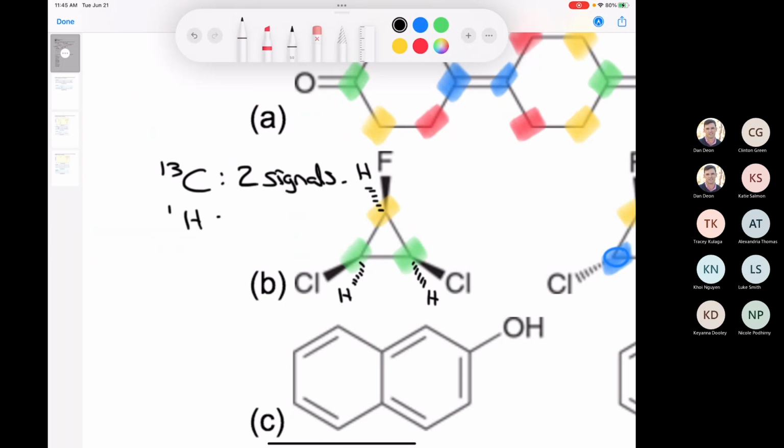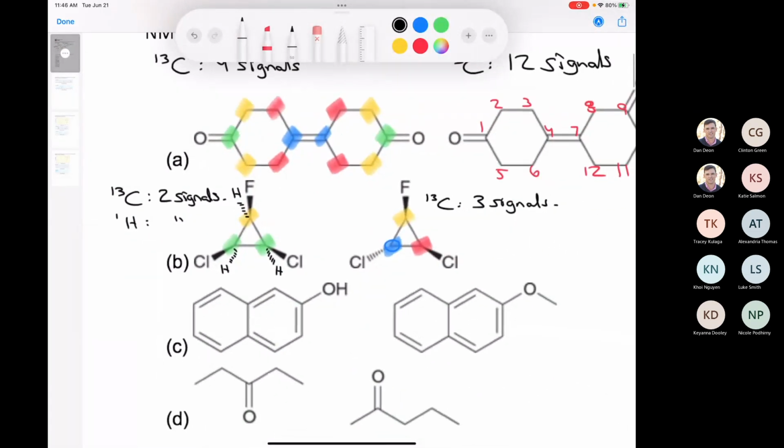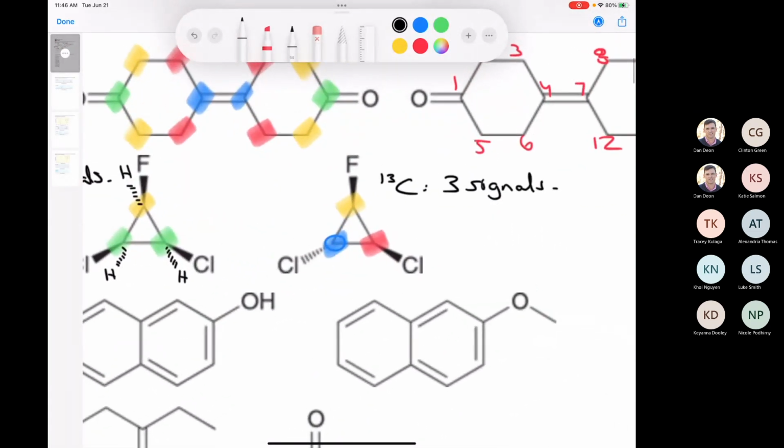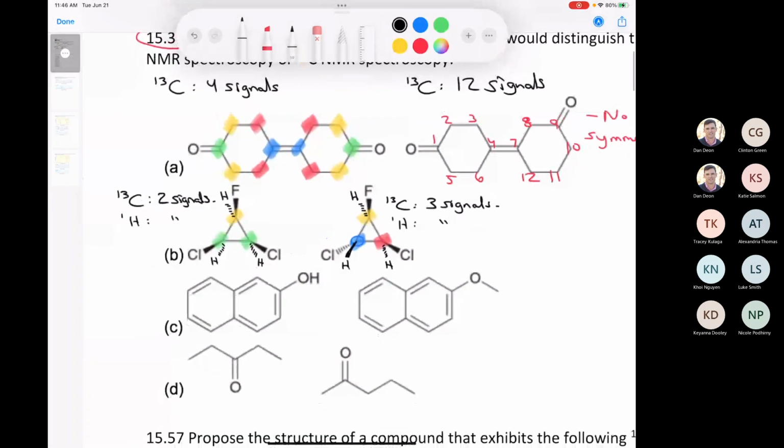We're also going to see the same number of signals as we did in the carbon here. If you look, this proton is going down, this proton is going down, and this proton is coming up. So we have 3 unique protons. And thus, in the proton NMR spectrum, we're going to see 3 signals as well for this one.